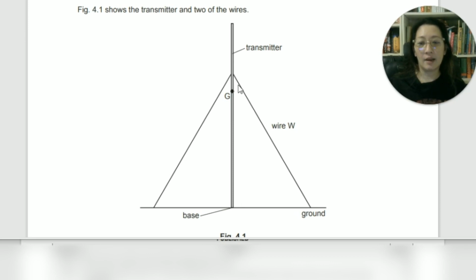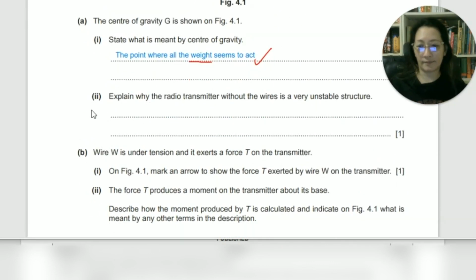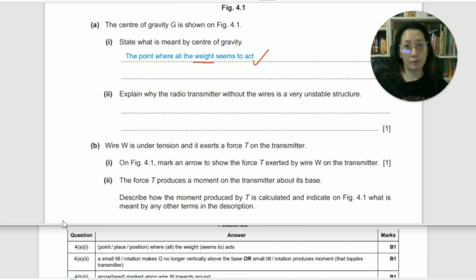That means that without the wires here, any slight shift in the top part of the transmitter would cause the transmitter to topple over because there is moment caused by the weight of the transmitter. So that's what we can write in our answer. In fact, if you look at the mark scheme, there are two possible answers.